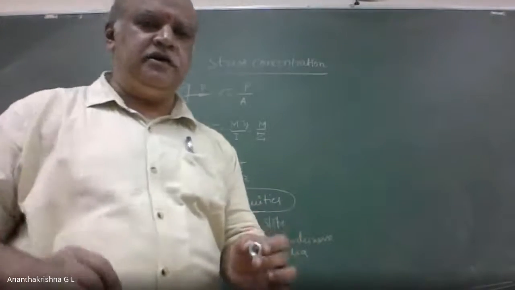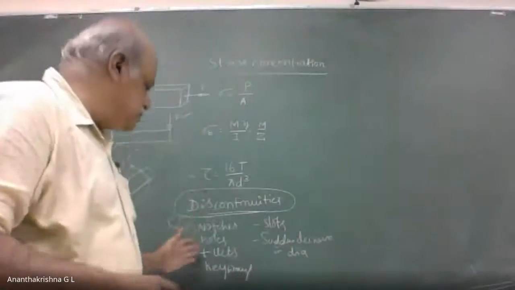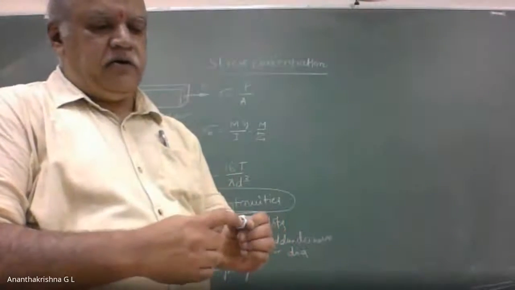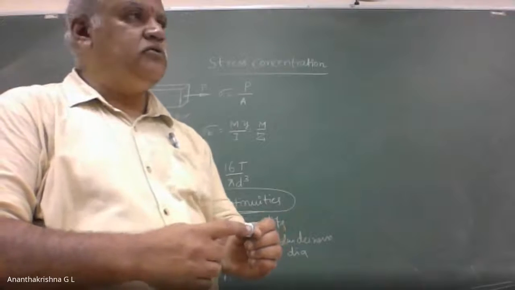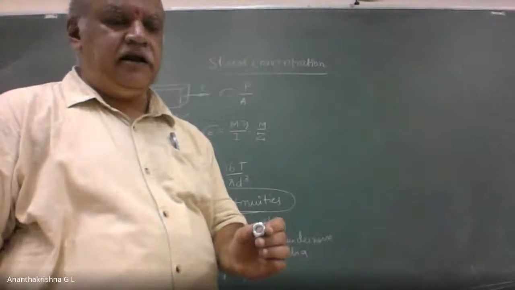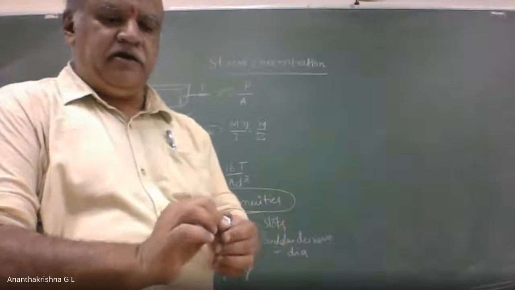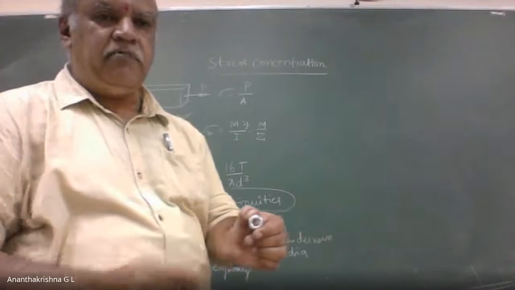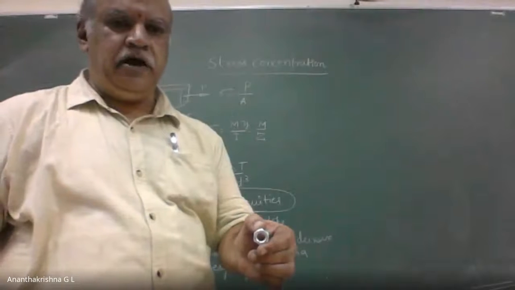We need such discontinuities, that is, presence of holes, fillets, notches, and so on. We make a hole and then create threads in it. It is not a closed member, but there is a discontinuity in the form of a hole. Are you with me?